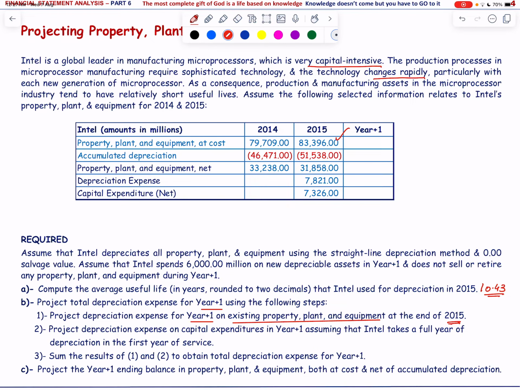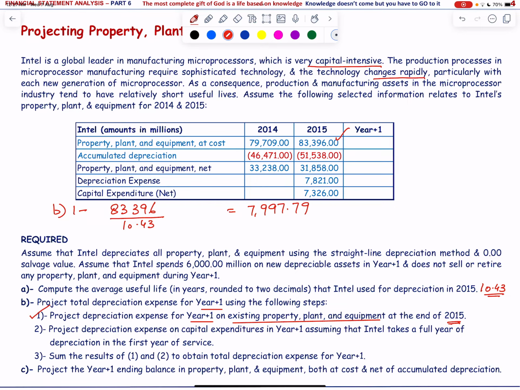So this is part B, and this is number 1. So the property plant for 2015 is 83,396, and this is going to be divided by the life of the property, plant, and equipment, that is 10.43. So this is equal to 7,997.79.